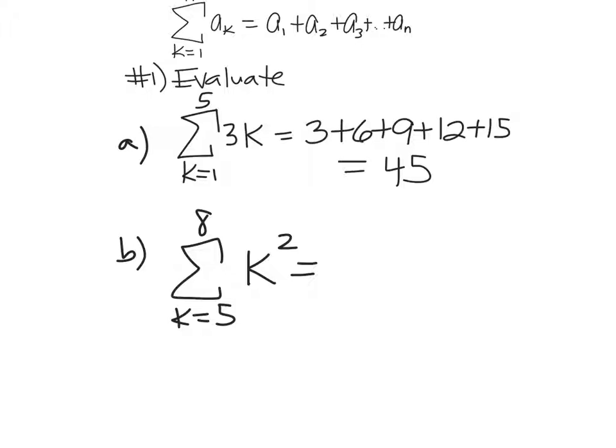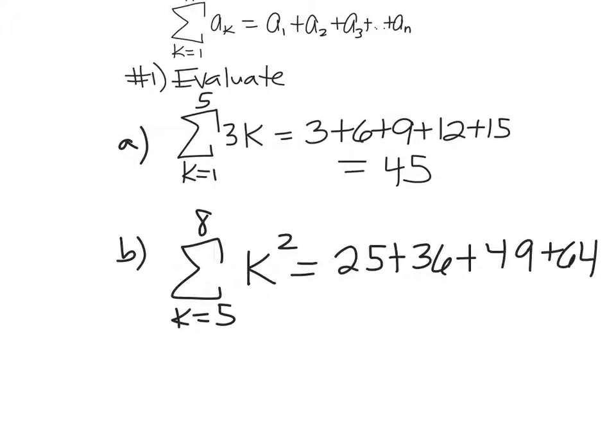If it's nice, easy numbers like this where there's only a few to plug in, you can do it by hand. 5 goes in. 5 squared is 25. K equals 6. 6 squared is 36. K equals 7, 49. K equals 8, 64.